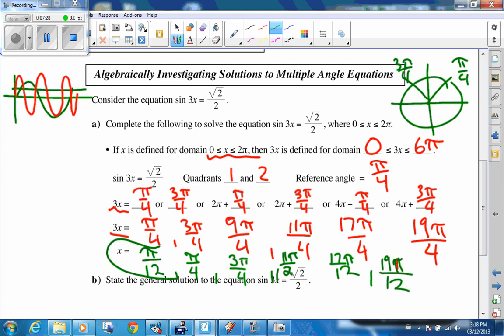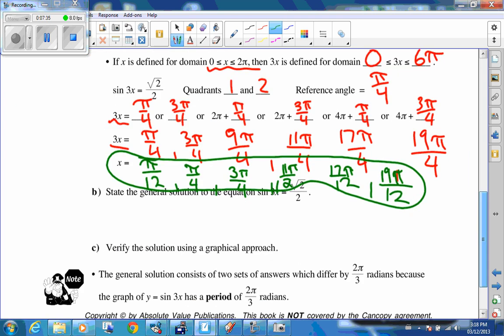And those are all of my solutions for x. Or my general solution would be pi twelfths plus, instead of 2 pi, it's going to be 2 pi thirds.